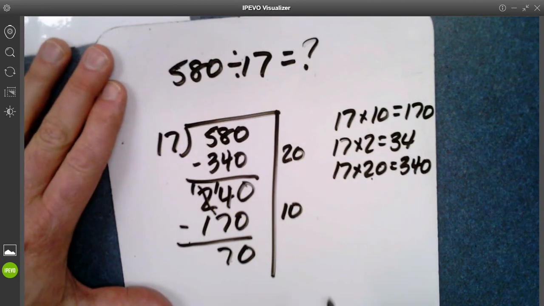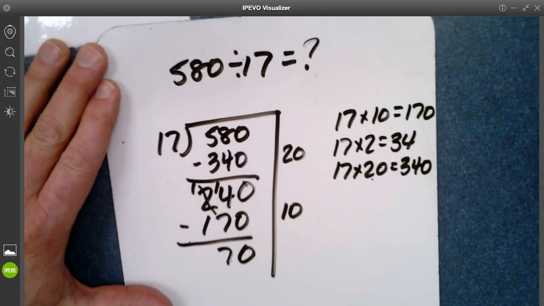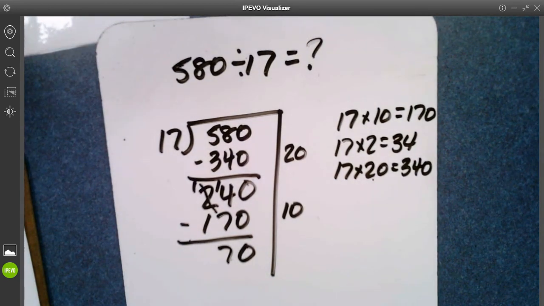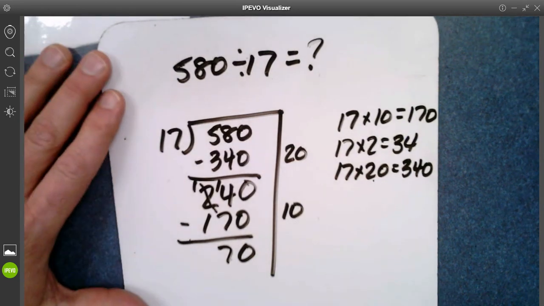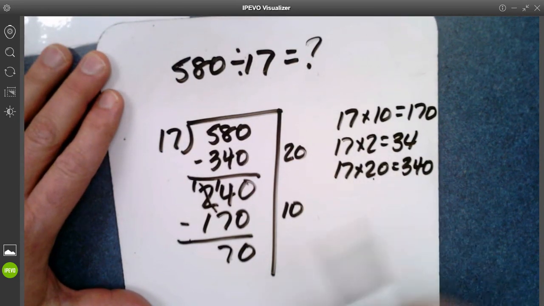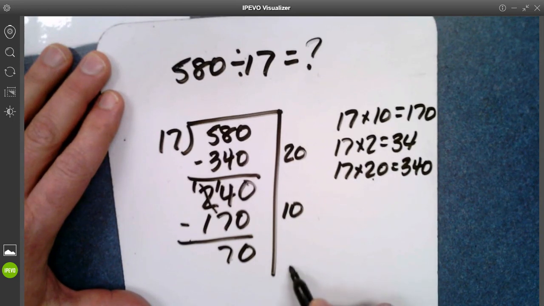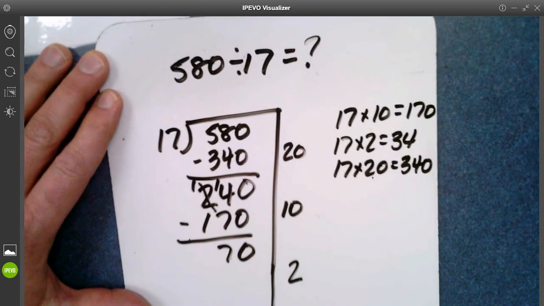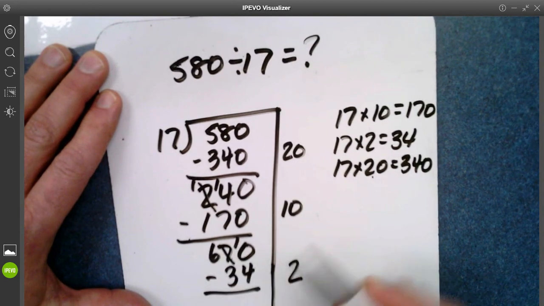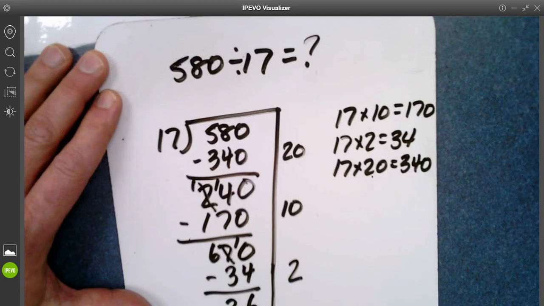All right. So I could do 17 times 1 and keep subtracting 17, minus 17, minus 17, because I know that division is like repeated subtraction. However, here I have 17 times 2 is 34. That's closer. So I'm going to do that. I'm going to extend my line there if I need to. I'm going to subtract 34. 10 minus 4 is 6, and I get 36.